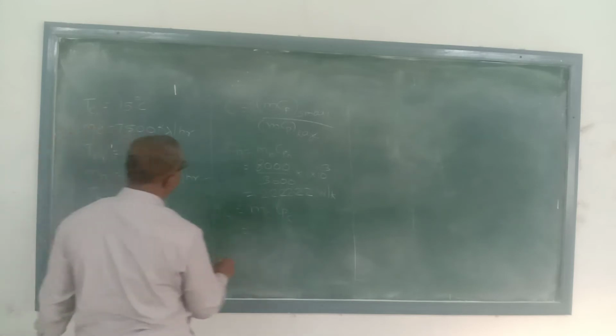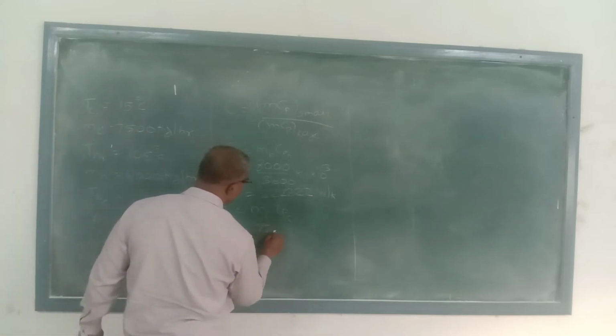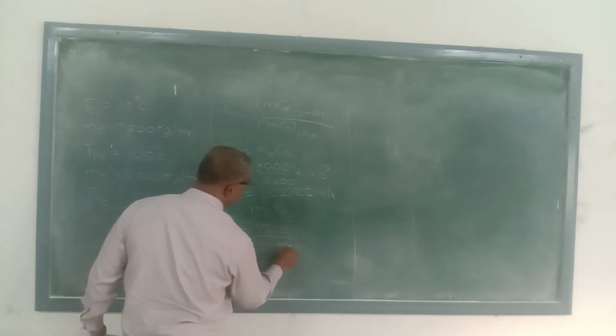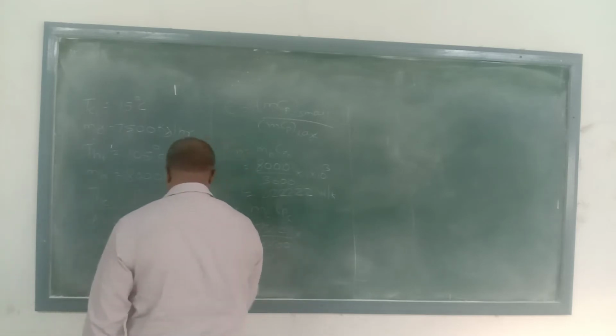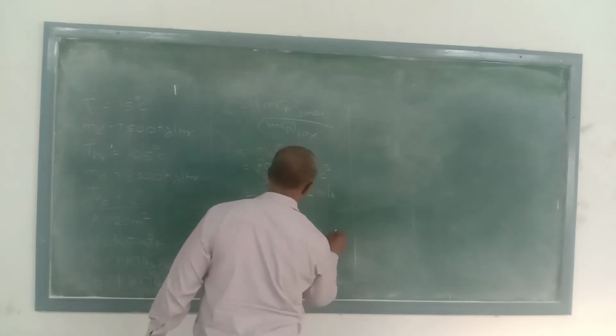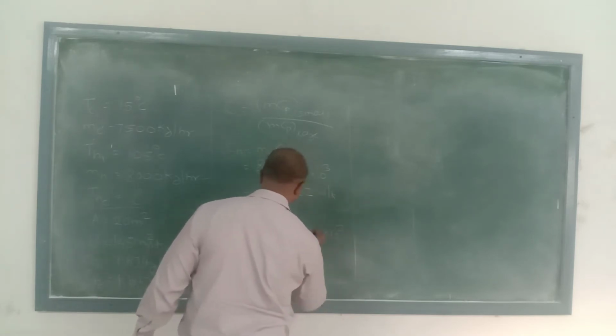MC they have given 7500 divided by 3600 into CPC 4.18 into 10 raised to 3.